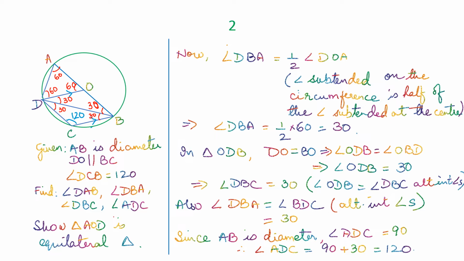Therefore, angle DBA is equal to angle BDC, which are alternate interior angles, and therefore that is equal to 30 degrees. Now, since AB is the diameter, this angle ADB is equal to 90, and you add one more, this is 30, which you just found out. Therefore, angle ADC will be equal to 90 plus 30, which is equal to 120.